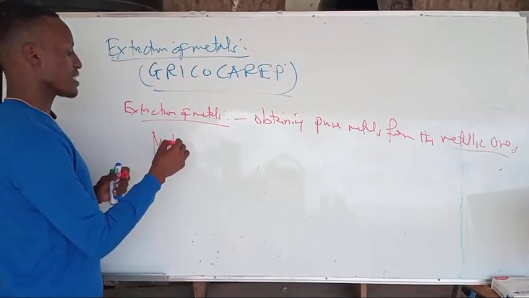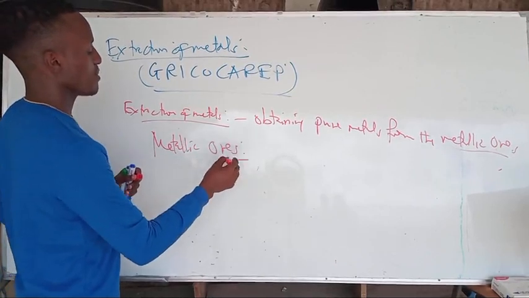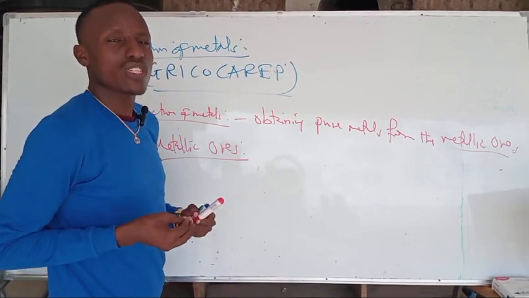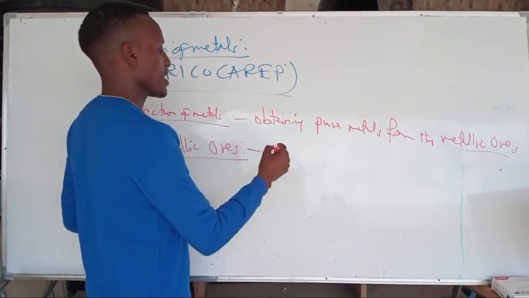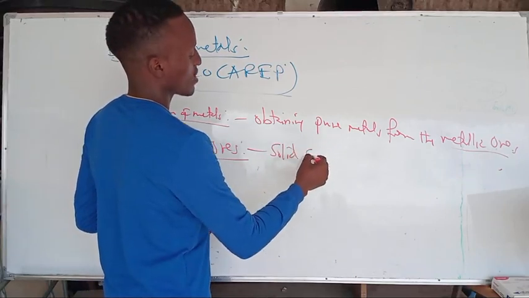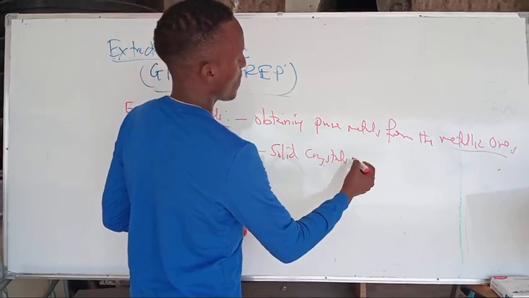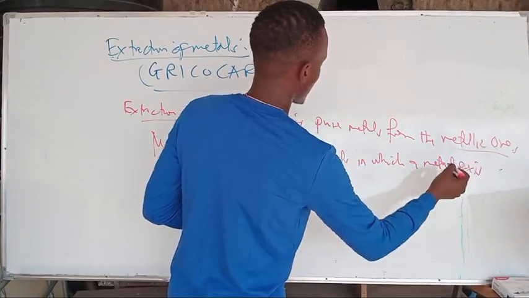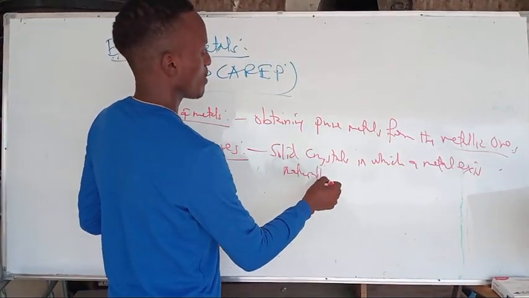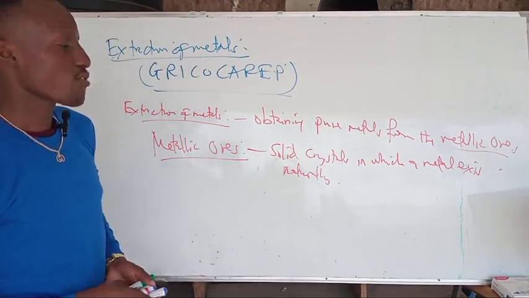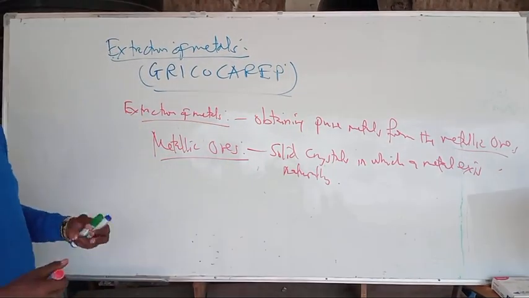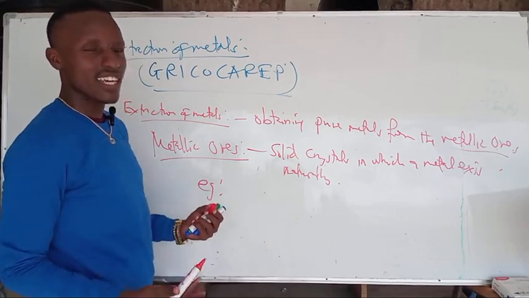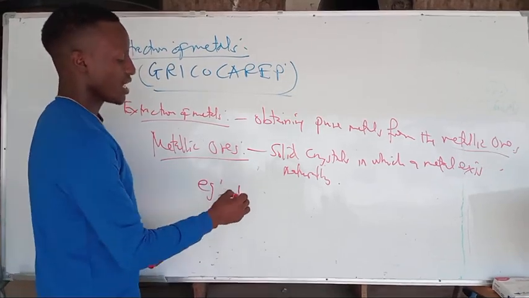Metallic ores are the solid crystals in which a metal exists naturally. A metal that naturally exists in that form is what we call the metallic ore. For example, you don't find aluminium just naturally. You just find it as aluminium oxide. We call it bauxite.